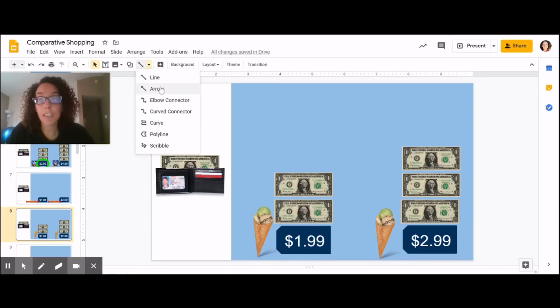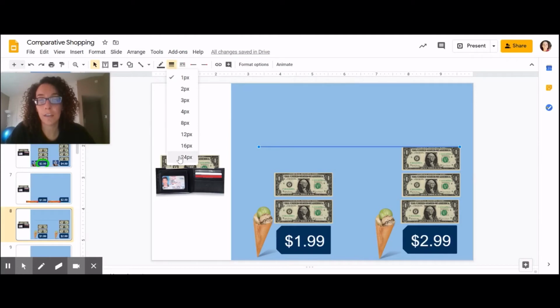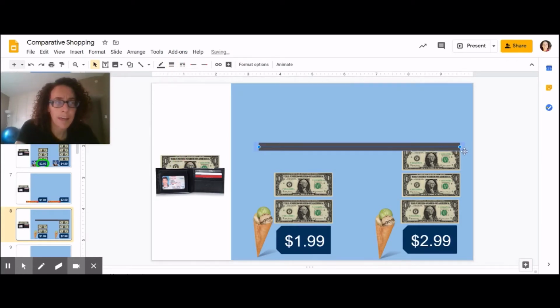Look, I can draw a line and show you. If I put a line right at the top of this one and draw it across, you can see that this tower's bigger. This one, the money doesn't get all the way to the top.